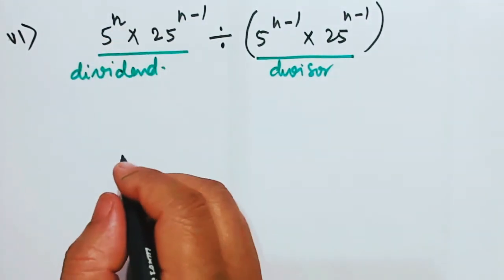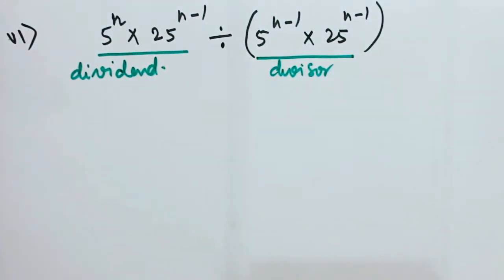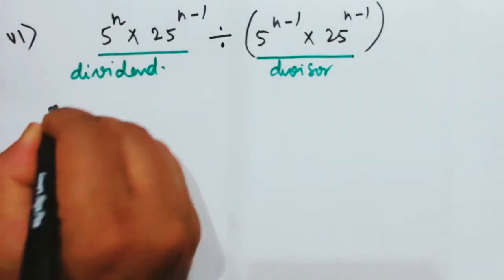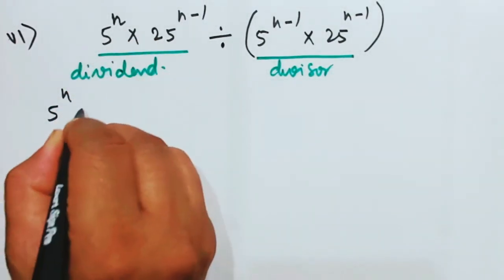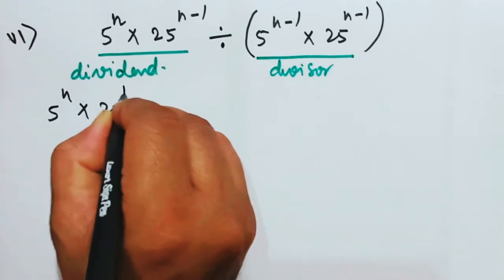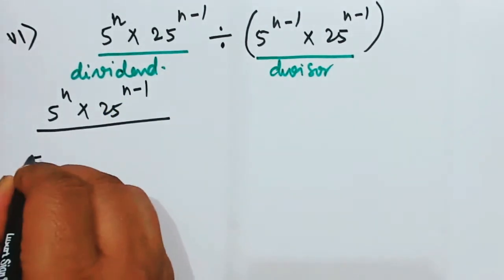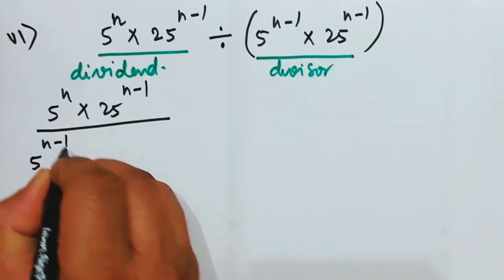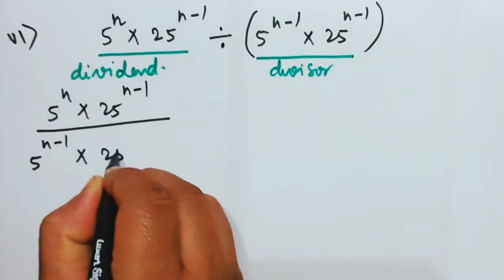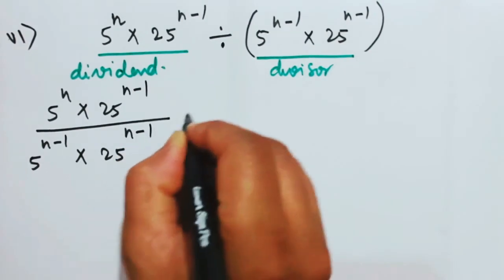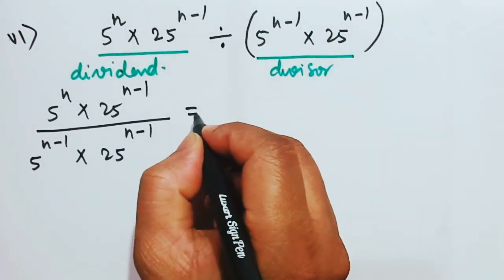So let me write this in some other form. 5 to the power n multiplied by 25 to the power n minus 1 whole divided by 5 to the power n minus 1 into 25 to the power n minus 1. Do not get scared.